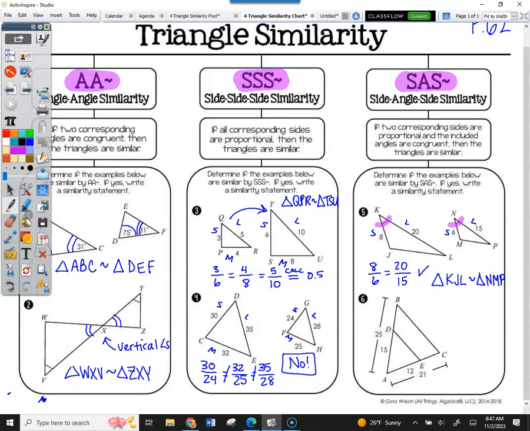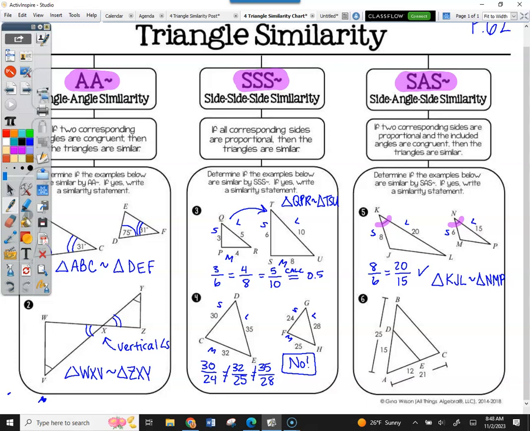Can you see it? If I separated the triangles, what? Angle A would end up getting written twice because both triangles have an angle A. Can you visualize it? So is it fair to say that angle A would be congruent to angle A?